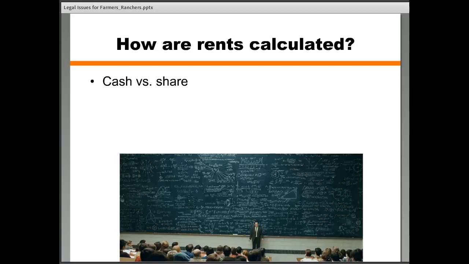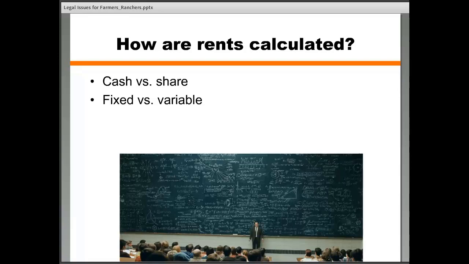It's not always half and half. The answer to those questions depends on who's providing what, who's bearing what risk, and who has the relative competencies to provide those inputs.